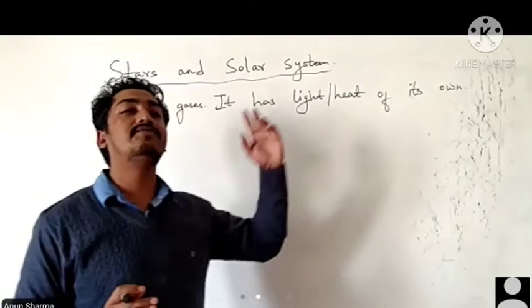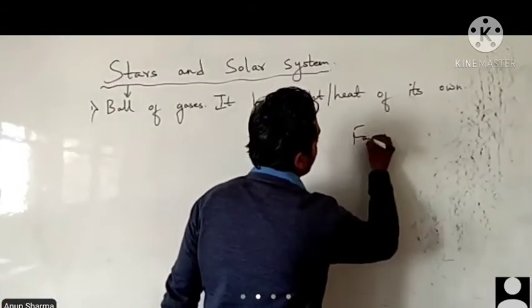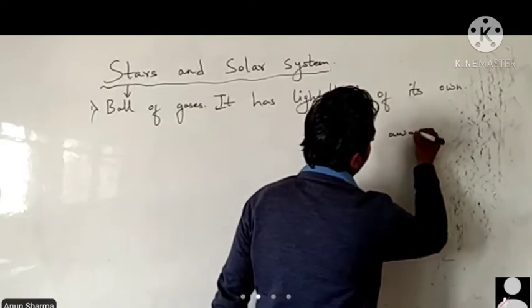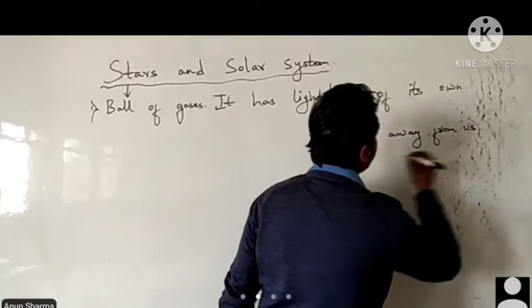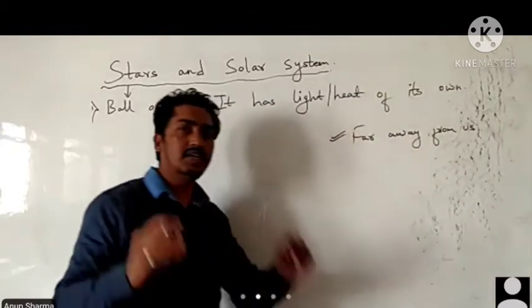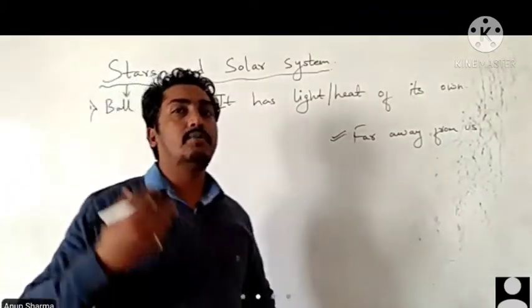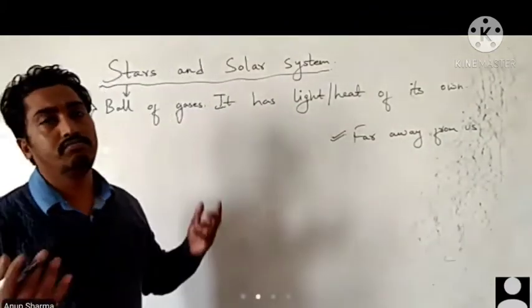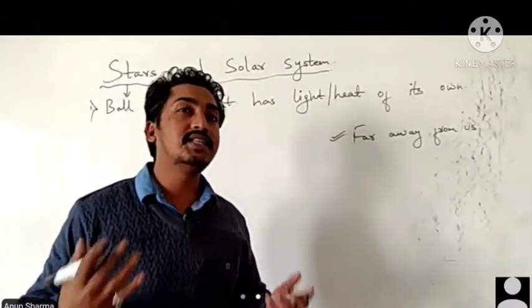Because they are very far away from us, away from the earth. That's why they look very small. But actually each is about 1,000 times or more bigger than the earth.